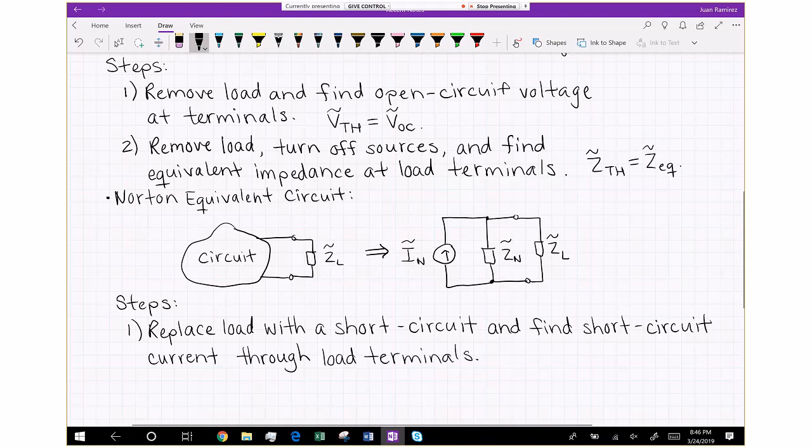Again, the Norton current is that short circuit current.